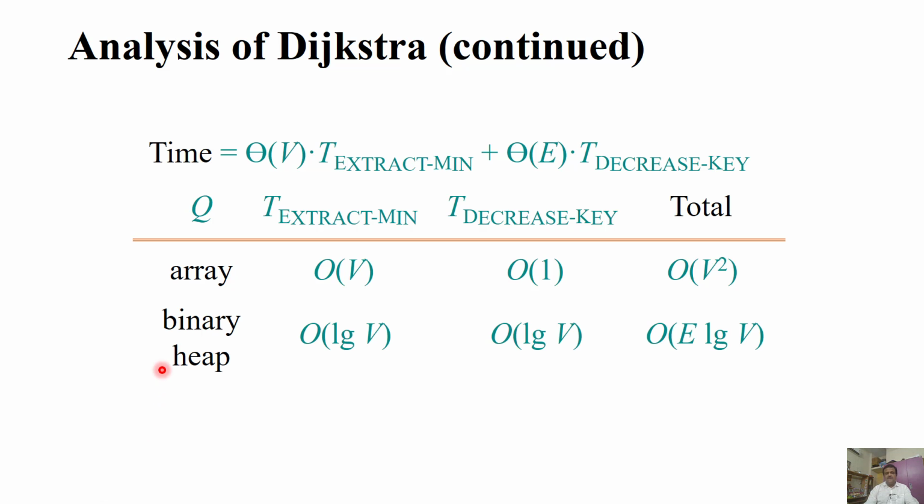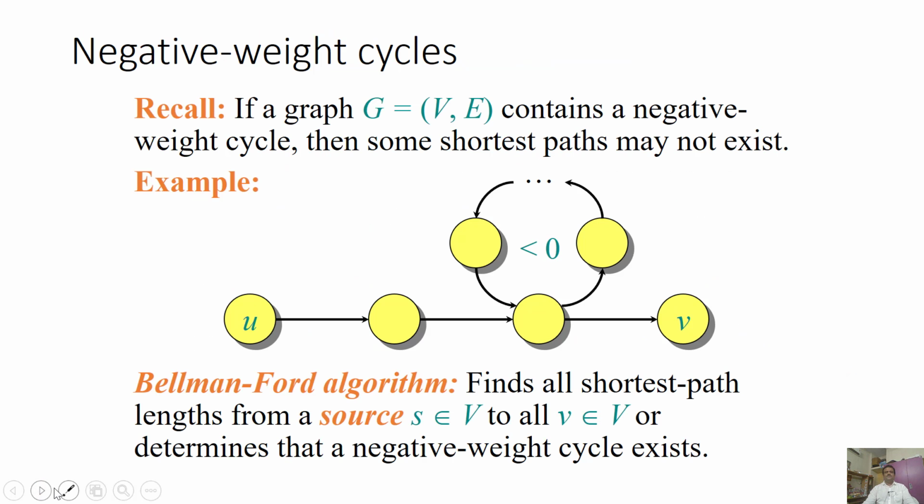And this is for a binary min heap. So, this will be logarithmic time, because we have to do min heapify after taking the minimum from the root, and for decrease key we also have to do log of this, so again min heapify at that point. So, this is the time complexity.